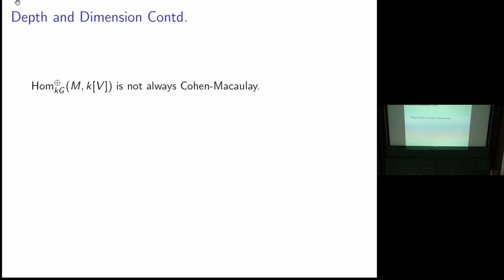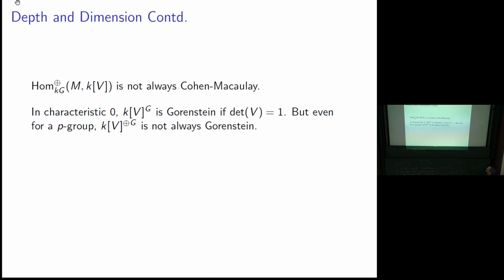So what comes next? And I did wonder about Gorenstein. They like these Gorenstein invariants. So maybe the trivial summands of Gorenstein seem not unreasonable, but it's not true.